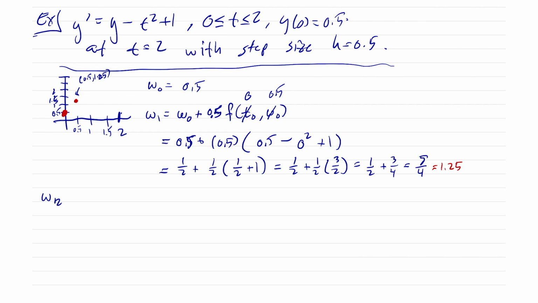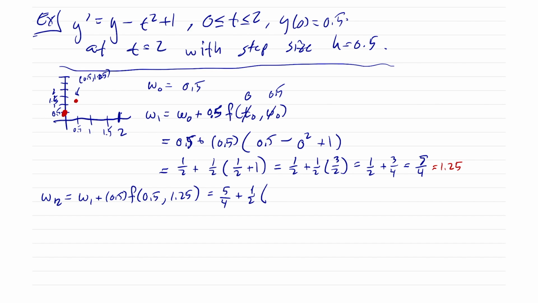So W2 now is equal to W1 plus our step size, 0.5, times f at, now we're going to be at 0.5, comma 1.25. Plugging those in, we get 5 quarters from W1, plus 1/2 from our step size.